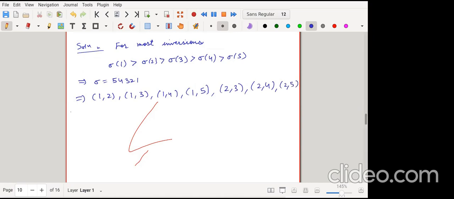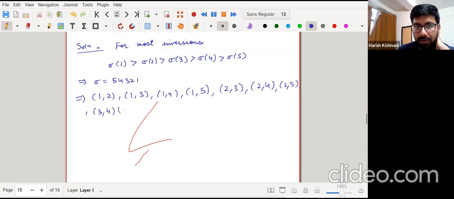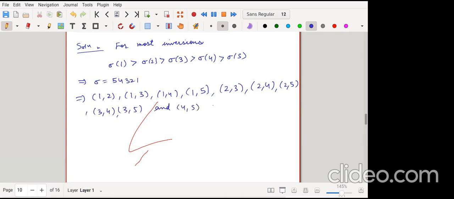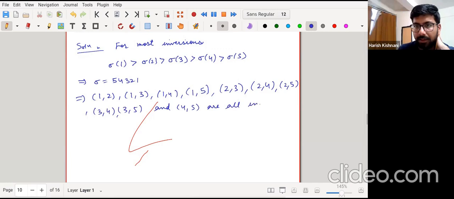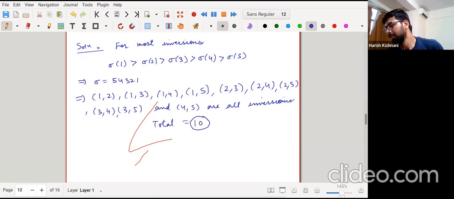And then if we are starting with 3, then 3 4, then 3 5, and at last 4 5, all inversions. So the total number is 10. So you can have a maximum number of inversions of 10.